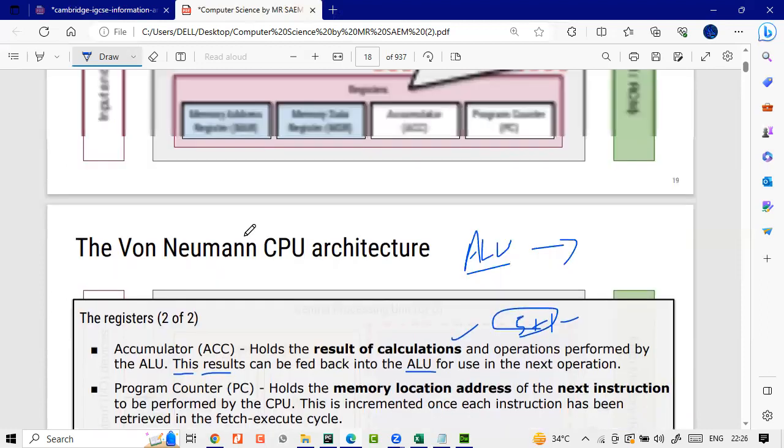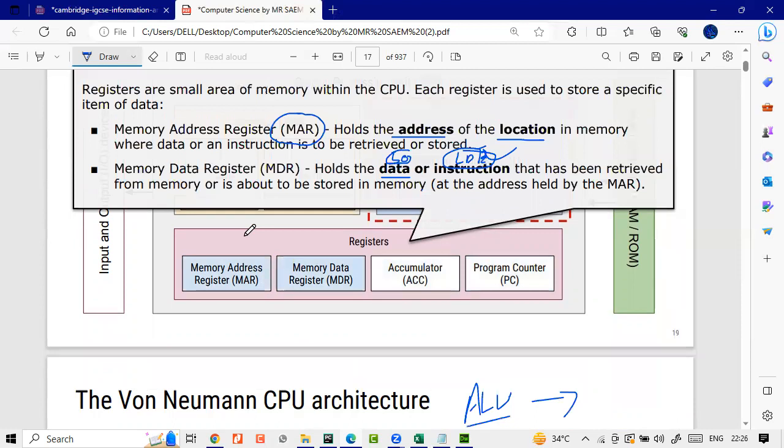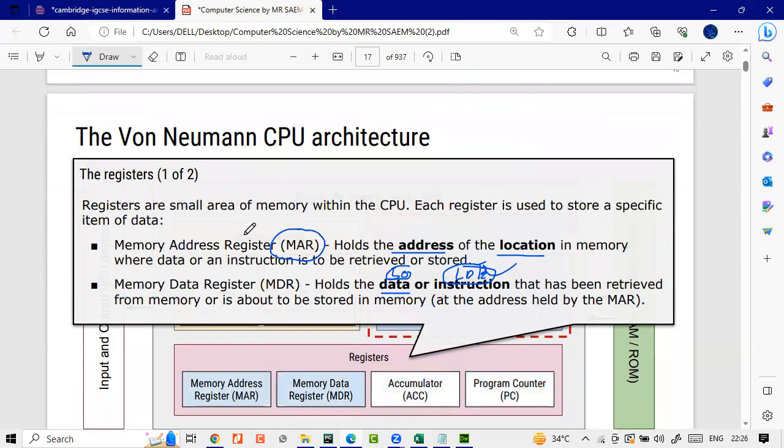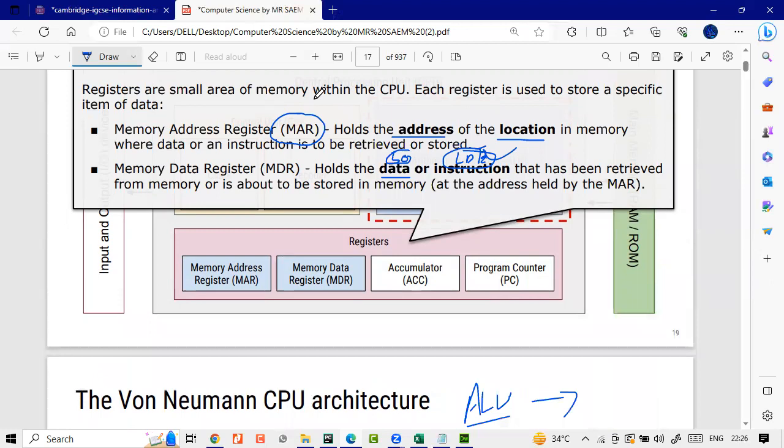So we're actually talking about registers. There are different registers. Registers are temporary places. Just think about registers as physical notebooks that you have. A memory address register is where you have a note of all the addresses of the locations.